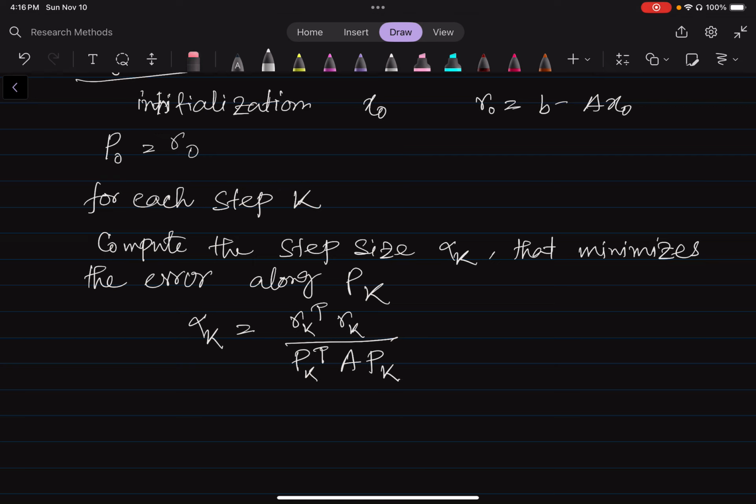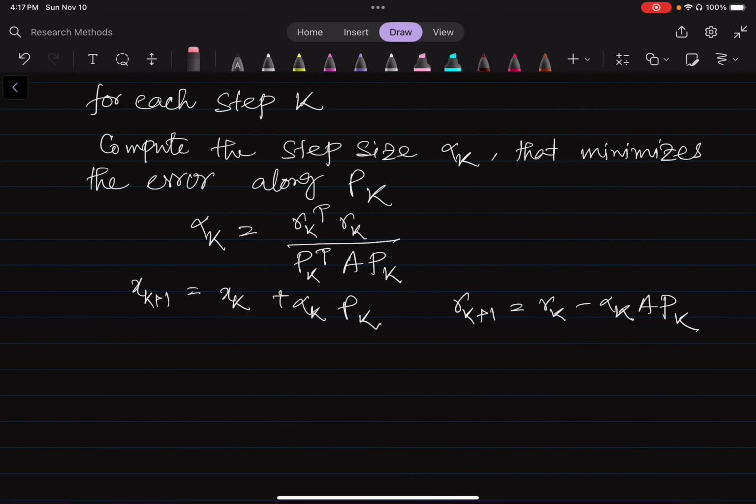And we update the next step: xk+1 = xk + alpha k pk. The updated residual will be rk+1 = rk - alpha k A pk.